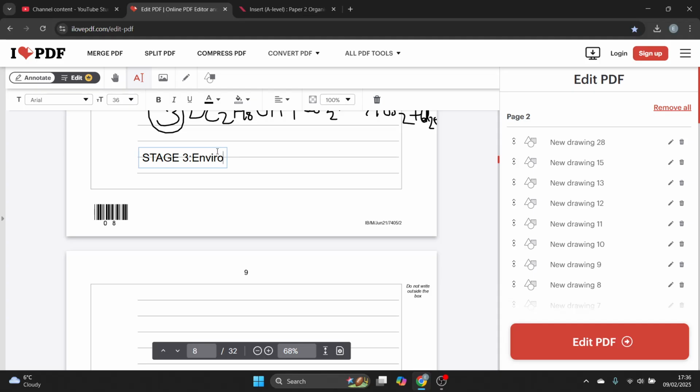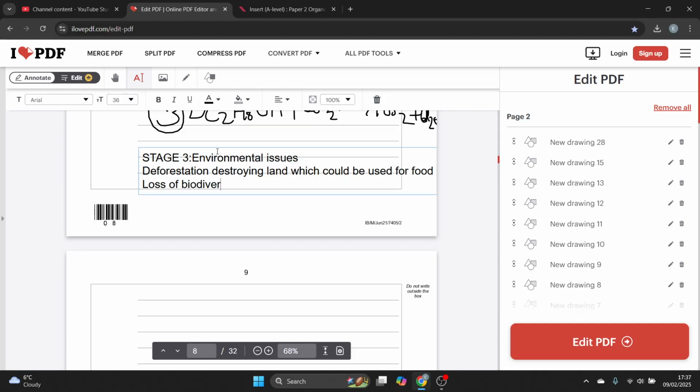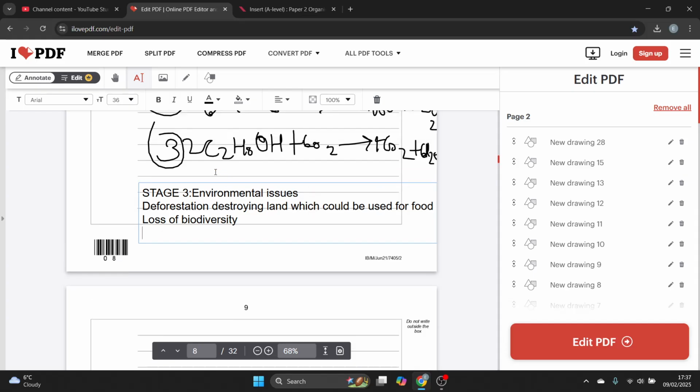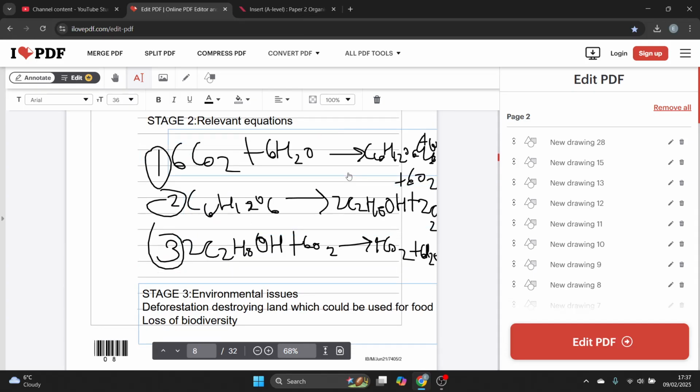The environmental issues: deforestation, removing land and destroying land which could be used for food, loss of biodiversity, and the main part is the idea of these relevant equations. 6 CO2 plus 6 H2O to C6H12O6 plus 6 O2.